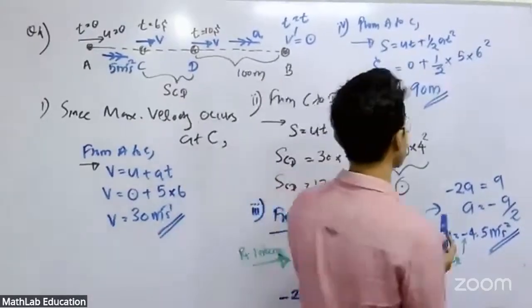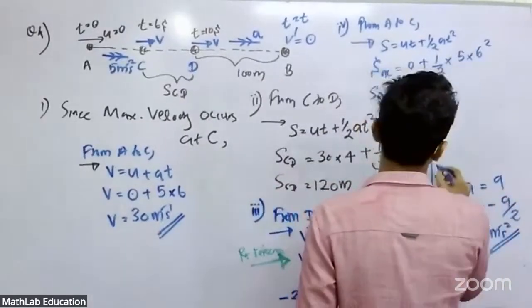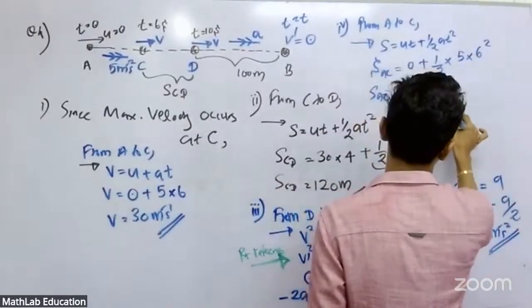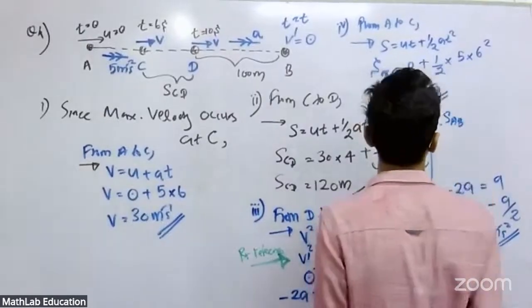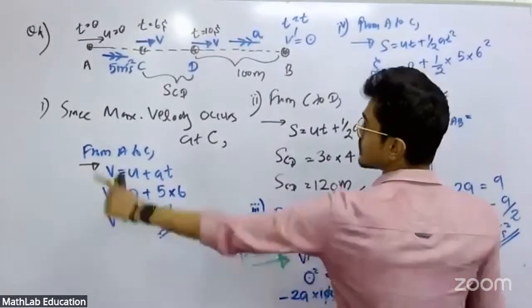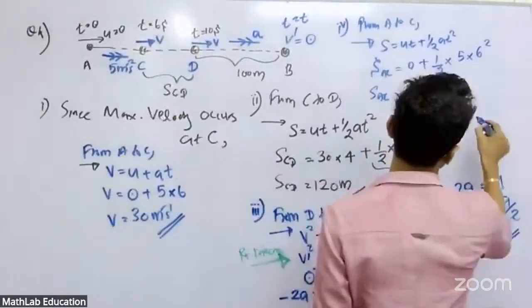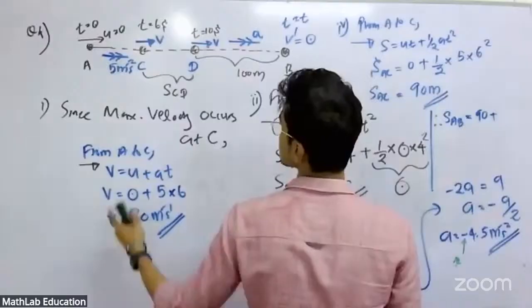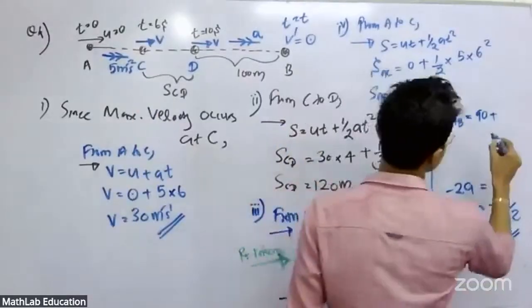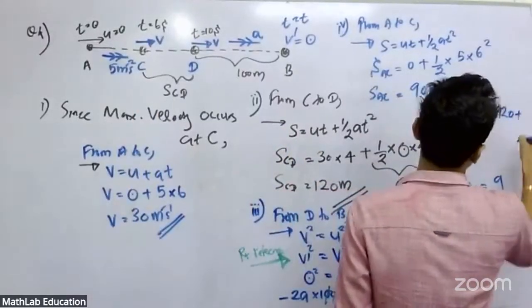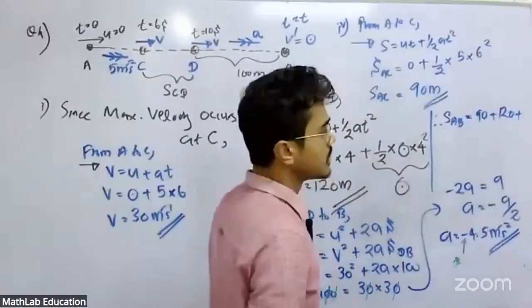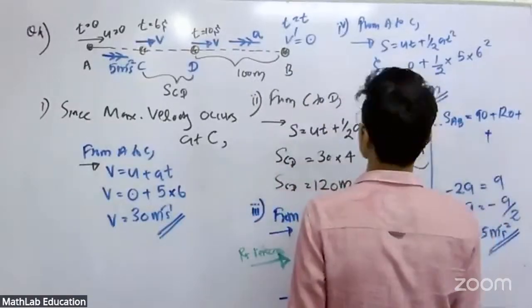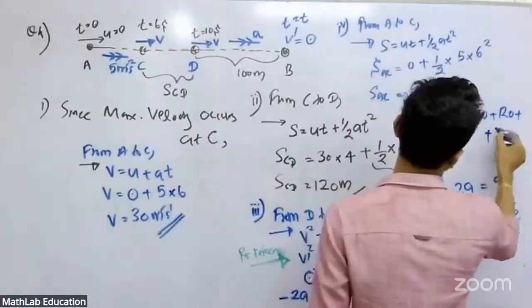The distance from A to B is therefore S_AB, the distance from A to B. Between A and C, we have 90 meters, and C and D, 120 meters, plus between D and B, 100 meters.